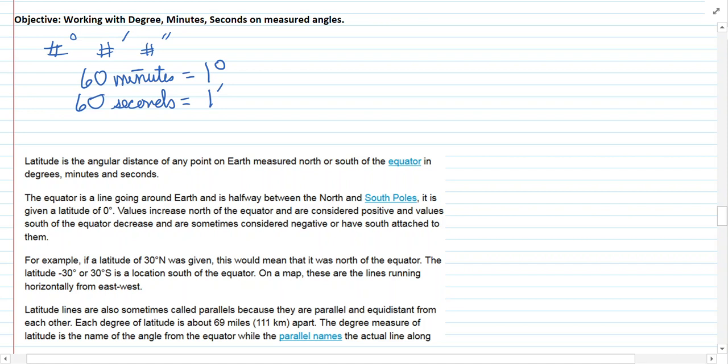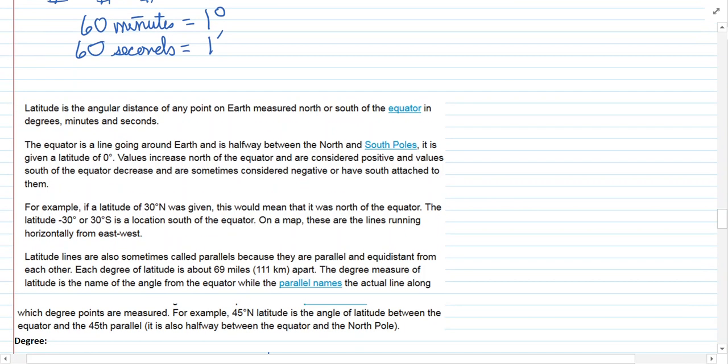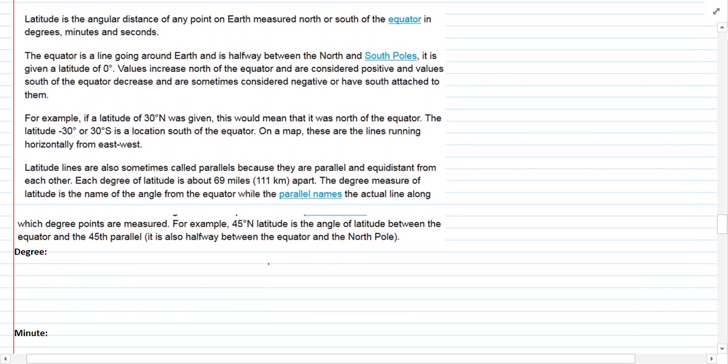Now, I've inserted at this point something I found on the internet explaining latitude in regards to the equator, and it's measured in degrees, minutes, and seconds. And so this was just something that I put in so that you could read and understand for future reference.